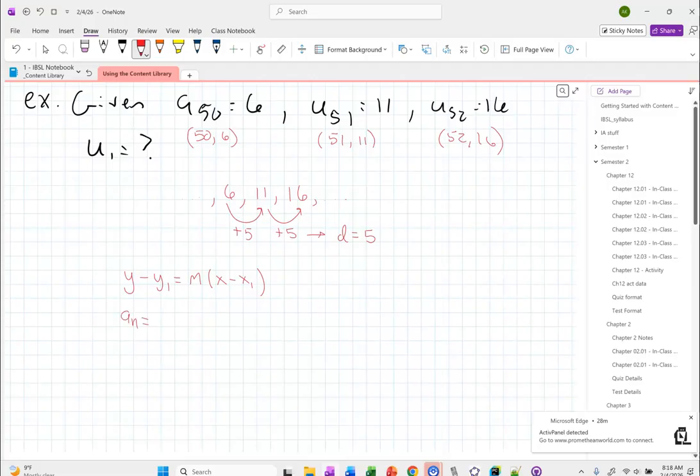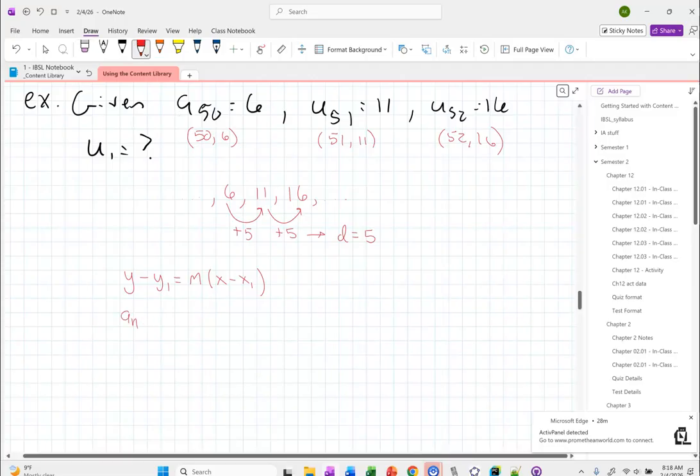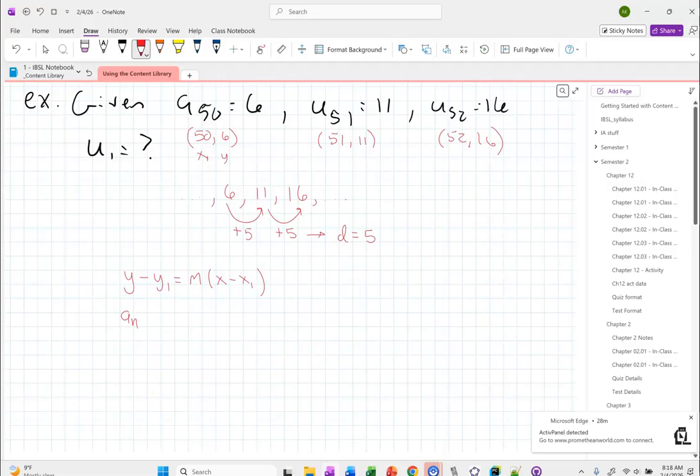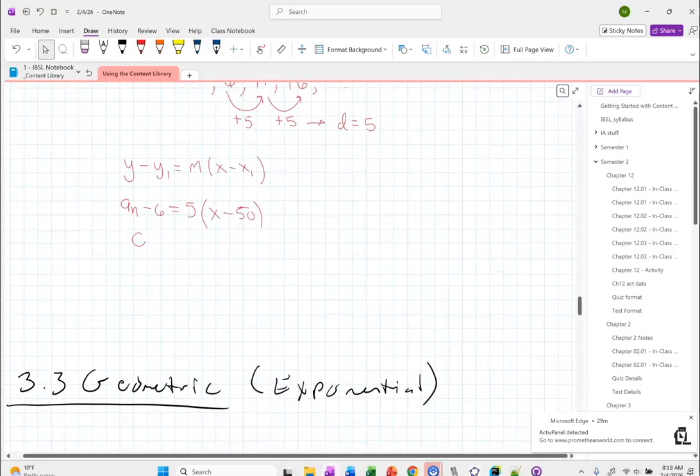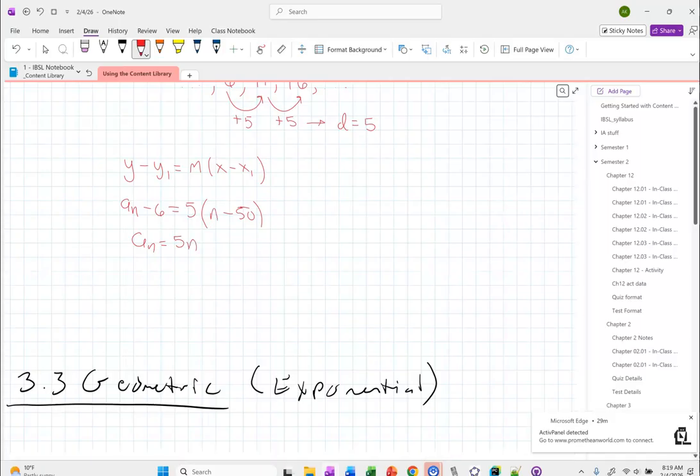Y is just the same thing as a sub n. And then let's say this is x1 and y1. So just clean this up a little bit. Again, we use n's instead of x's.